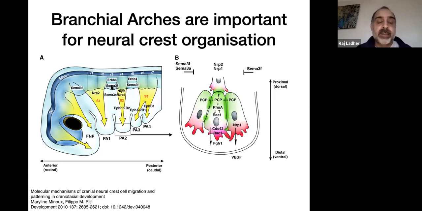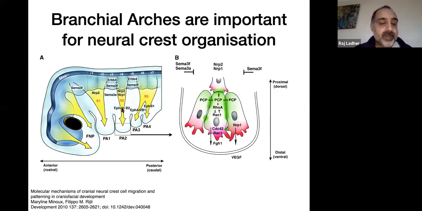So things like the semaphorins, the neuropilins, the ephrins and the Eph receptor system are all involved in neural crest migration, and their function is repeated when we start thinking about patterning of neurons as well. And so perhaps Bhavna and Sonia spoke about neuronal patterning and the formation of neural circuits, which do involve things like semaphorins and neuropilins and ephrins in those systems as well.